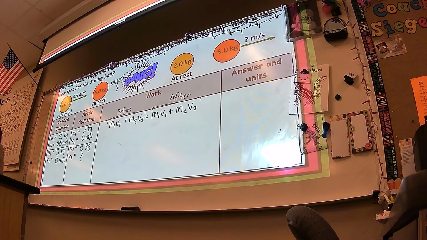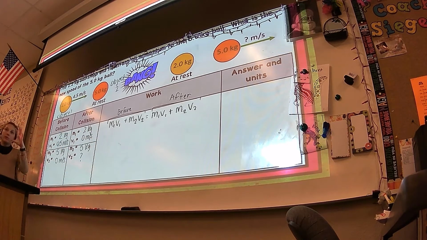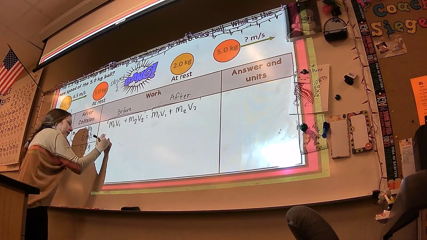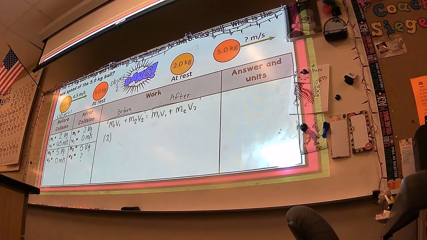Now what I like to do, I'm a very visual person, so I have to see it straight up. Whenever I start plugging in these numbers, I put parentheses around the individual ones. So like M1 is 2, I'm going to put parentheses around it. V1 before the collision is 4.5.